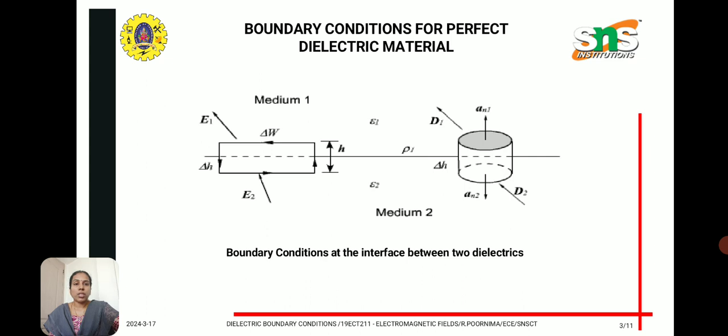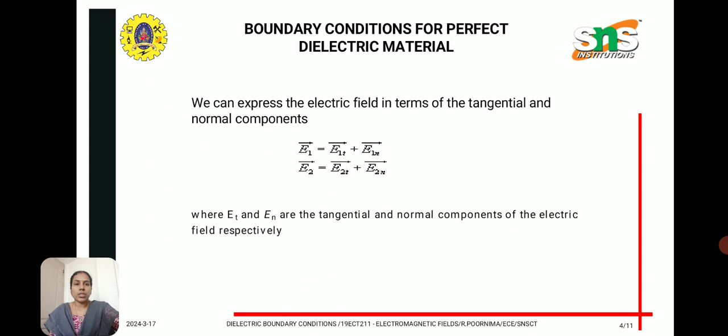To derive these conditions, we consider a closed loop and a cylindrical surface. First we consider the closed loop, where we can express the electric field in terms of two quantities, one tangential and another normal component. So the electric field is equal to the sum of the tangential component plus the normal component, where Et and En are the tangential and normal components of the electric field respectively.